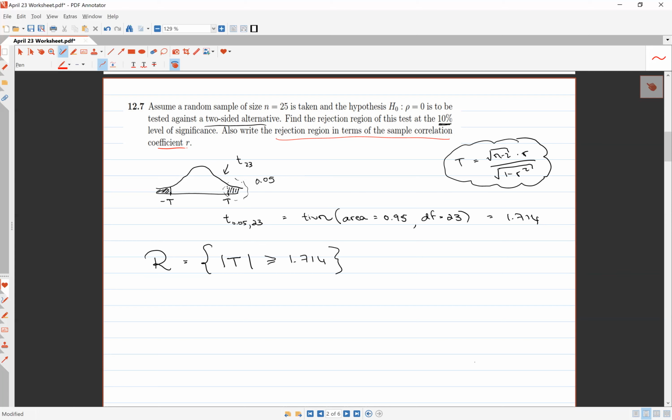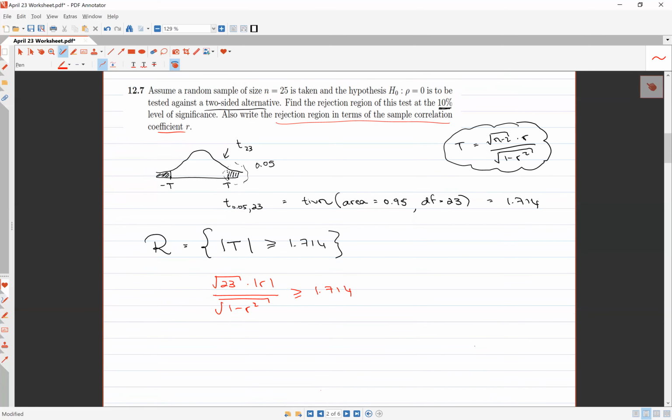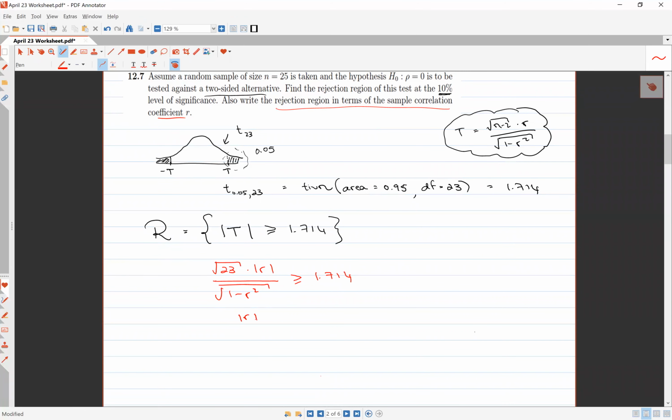Effectively, we just want to know if the absolute value of t is greater than or equal to 1.714, what does that tell us about the sample correlation coefficient? Well, that means the square root of 23 times the absolute value of r over the square root of 1 minus r squared has to be greater than or equal to 1.714.